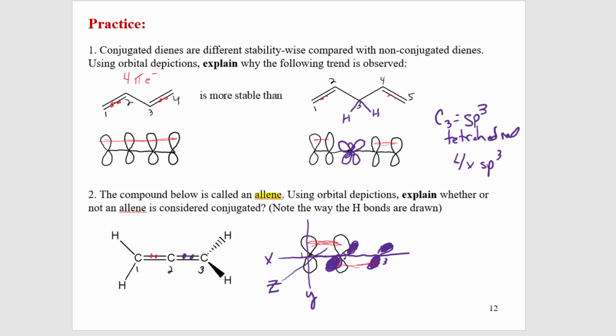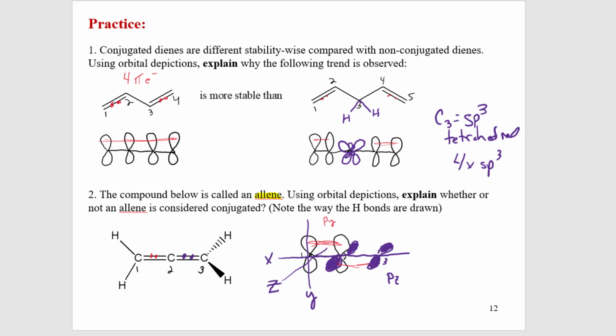They're in a different plane. I can't have 2 orbitals on the same plane overlapping, right, with 4 electrons in it. 2 electrons max per orbital. So I had to use the py and the pz in order to make this allene. The relationship between the py and the pz orbitals, although they're both unhybridized p orbitals, is not parallel.